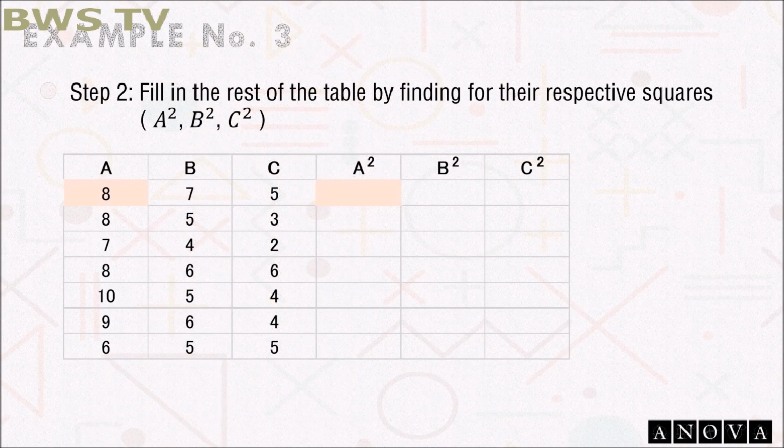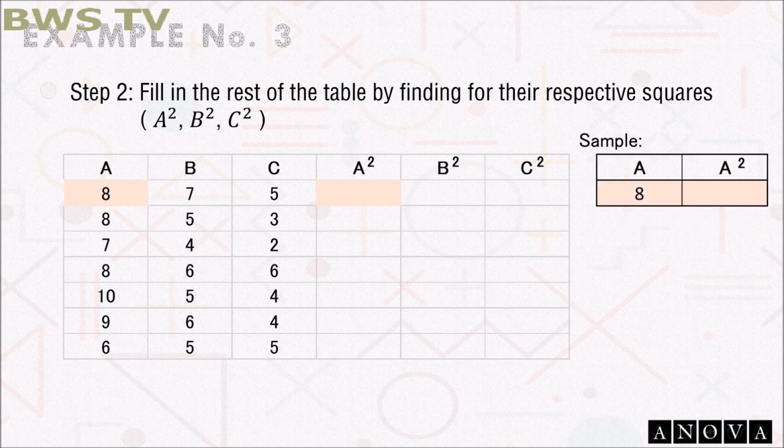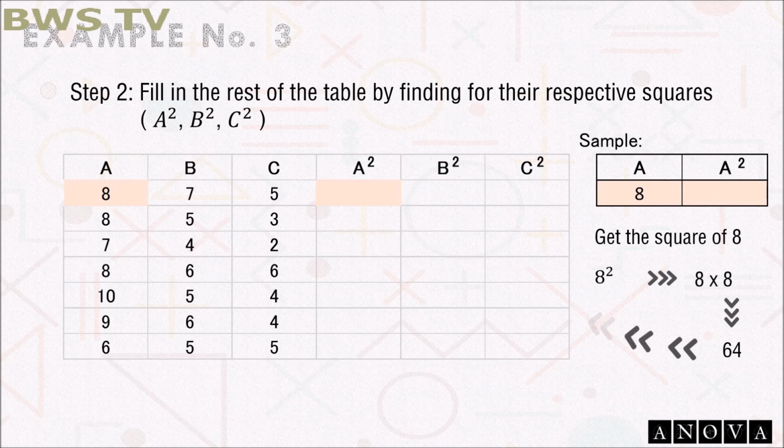So here, for example, we have A. So we have 8. We have to get the square of 8. 8 squared is equal to 8 times 8, which is equal to 64. As simple as that.